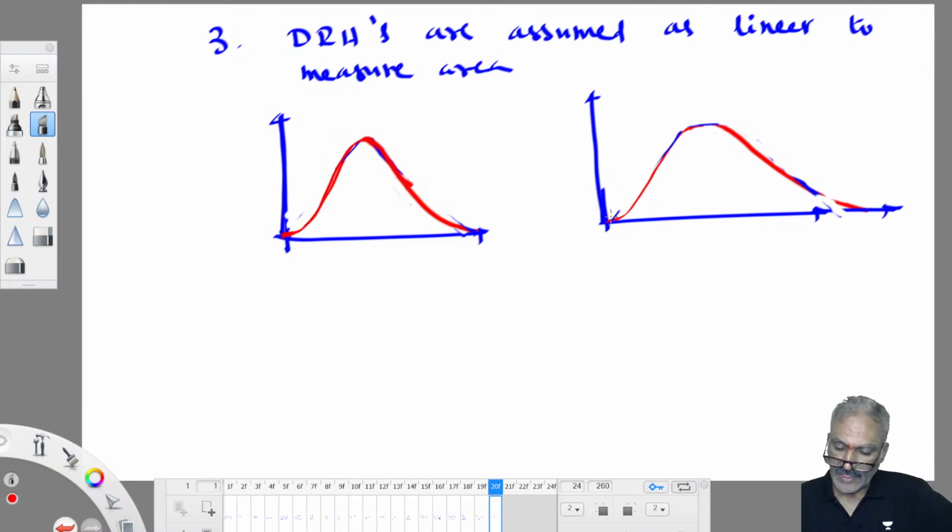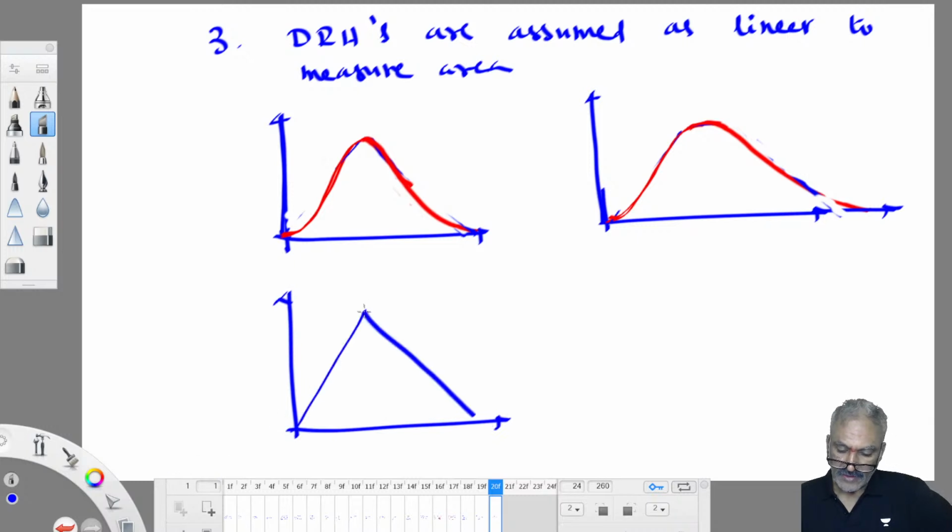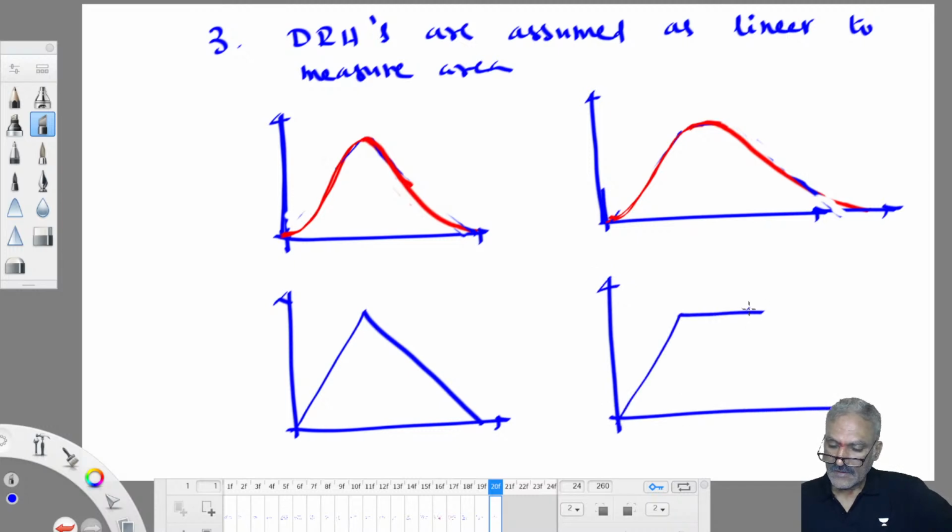Therefore, for our comfort and convenience, we take this as a triangular shaped hydrograph, this as a trapezoidal shaped hydrograph, something like this. Idealized. So therefore we can measure area under the curve.